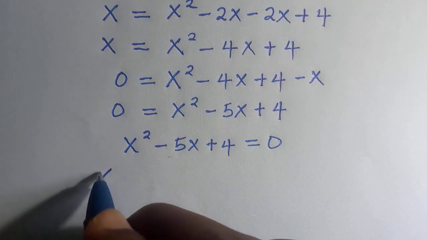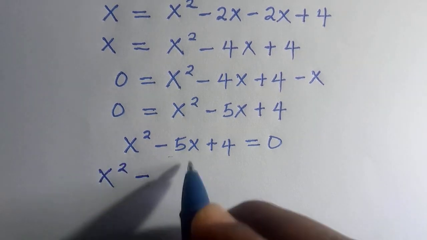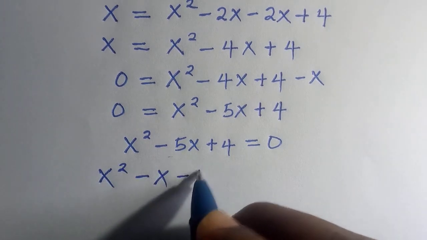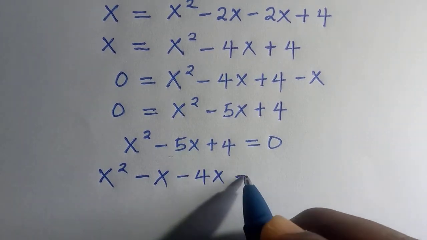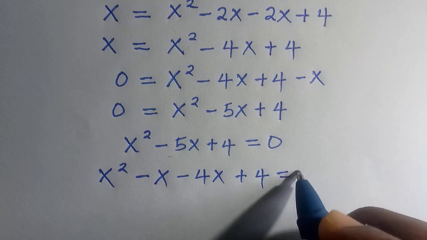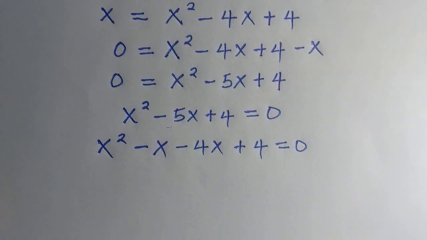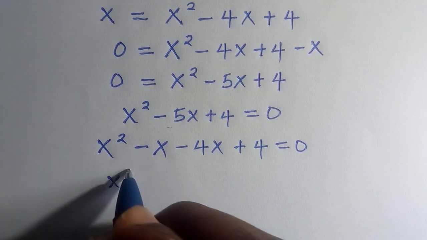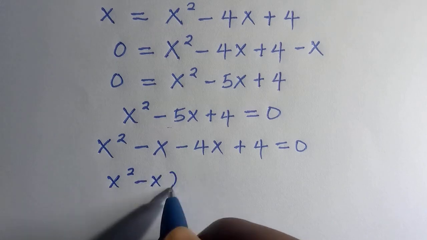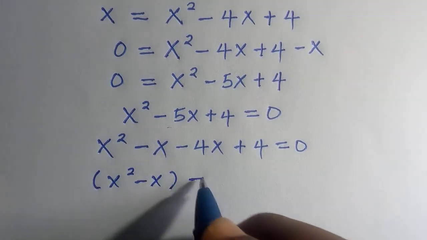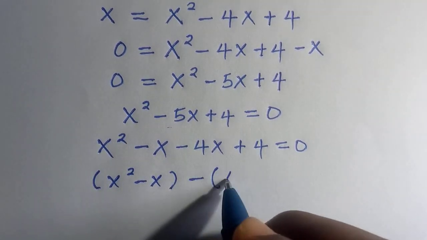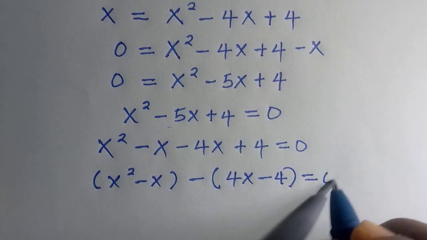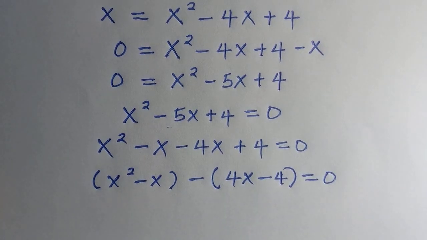So therefore we have x squared minus x, and minus 4x plus 4 equals 0. Next we are going to bracket this as x squared minus x, and by taking out negative here, this becomes 4x minus 4, everything equals 0.